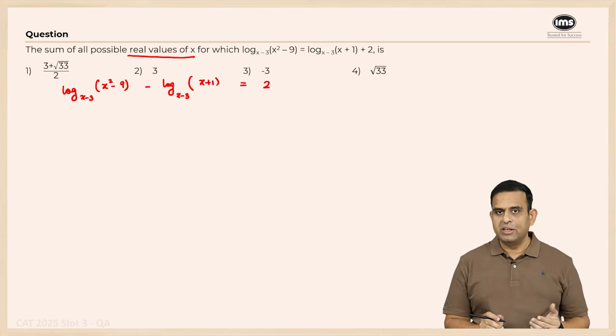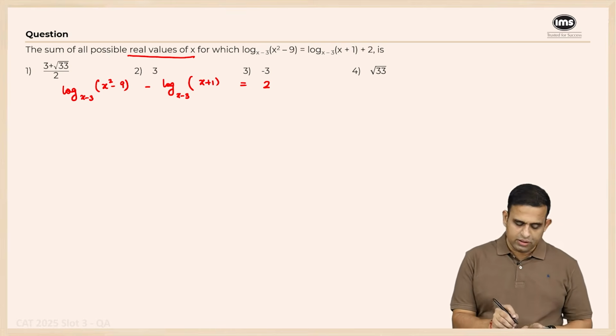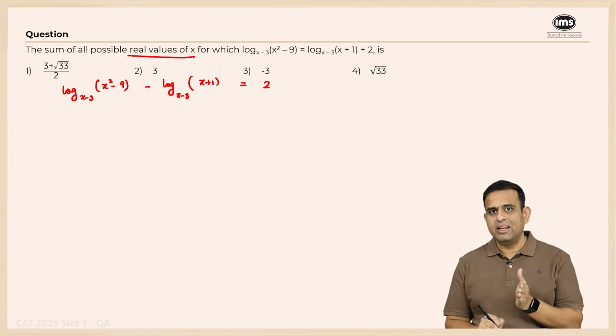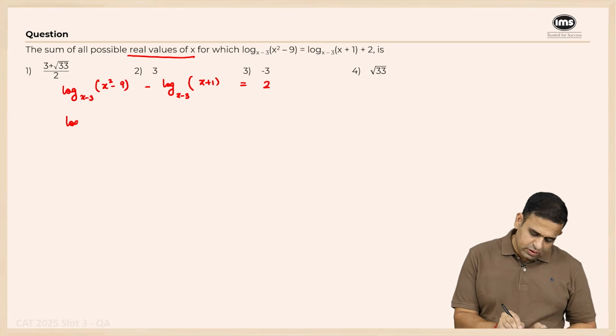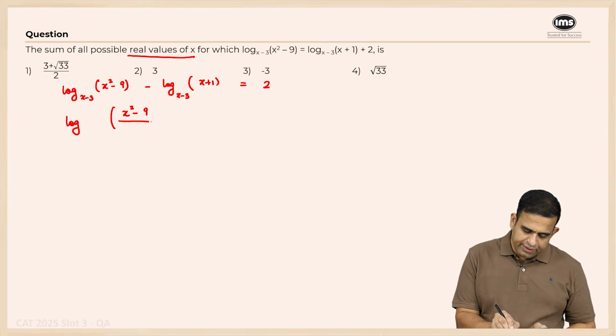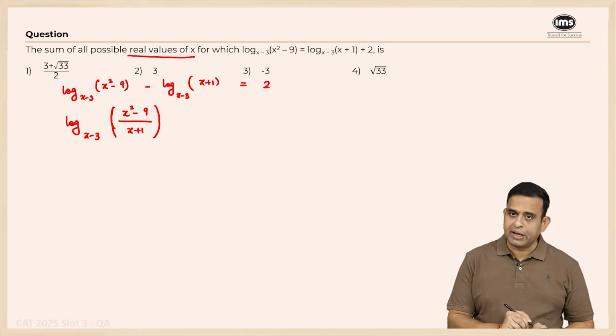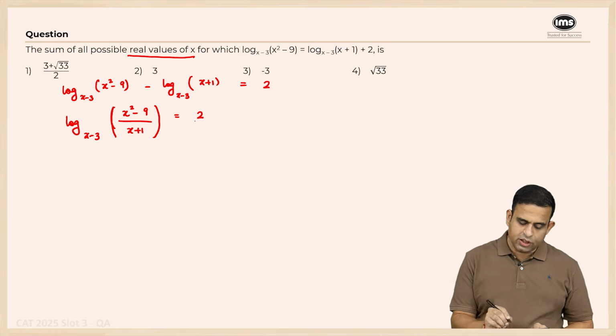Now if I apply that basic log formula, as I told you, log m minus log n is log of m by n. Log of x square minus 9 divided by x plus 1, base is x minus 3, and this is equal to 2.